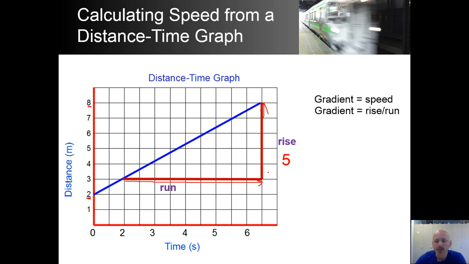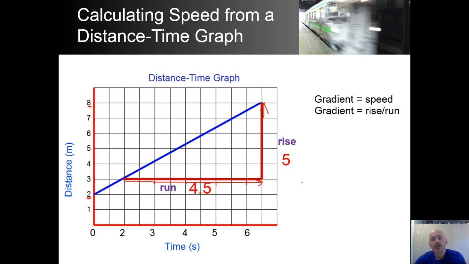Each of these gradations is 1, so we've got 1, 2, 3, 4, 5, and we've got a run of 4.5, because each of these marks, as they move to the right, is an increase of 0.5 seconds.